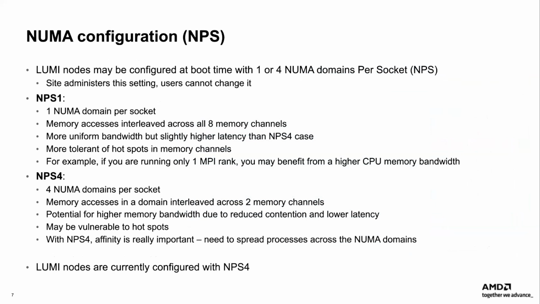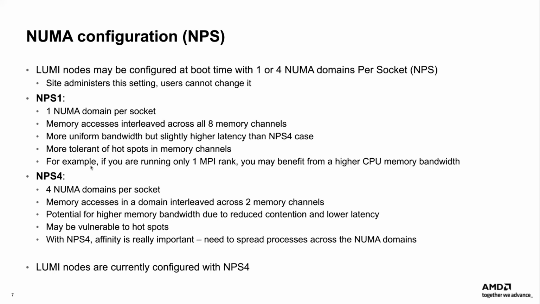One is called NPS1 and the other NPS4. So NPS1 means there is only one NUMA domain per socket. So all of the CPU cores belong to the same NUMA domain. So what that does is it gives us all memory channels, 8 memory channels to interleave across for all the memory accesses. And it gives more uniform bandwidth, but slightly higher latency.